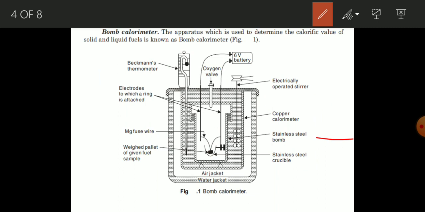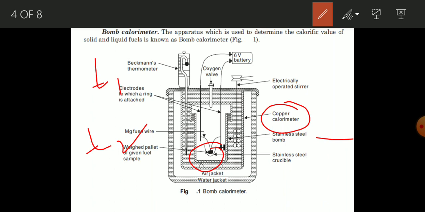Next, the mass of fuel taken is noted, that is small m. The weight of water taken inside the calorimeter is capital W. The water equivalent of the calorimeter is small w. T1 is the initial temperature and T2 is the final temperature.